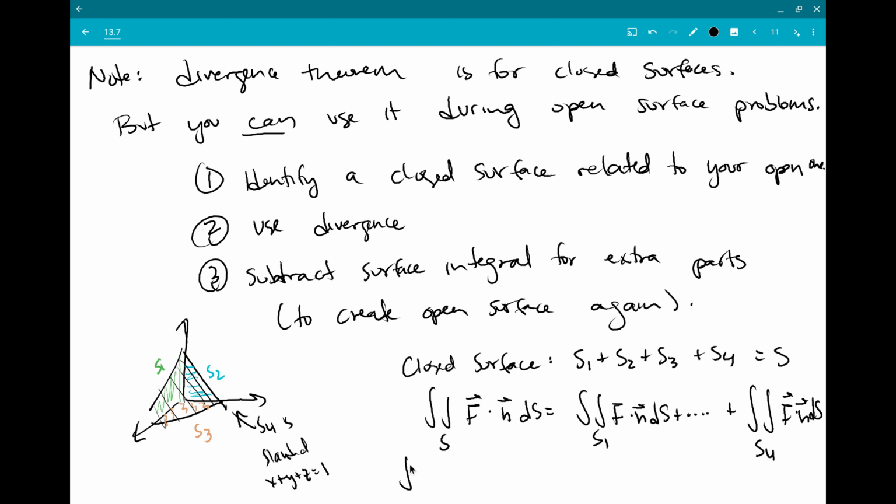And so if you really wanted to know the flux integral through just that top part, you could go ahead and use your divergence theorem for the entire surface and then subtract off individual flux integrals.